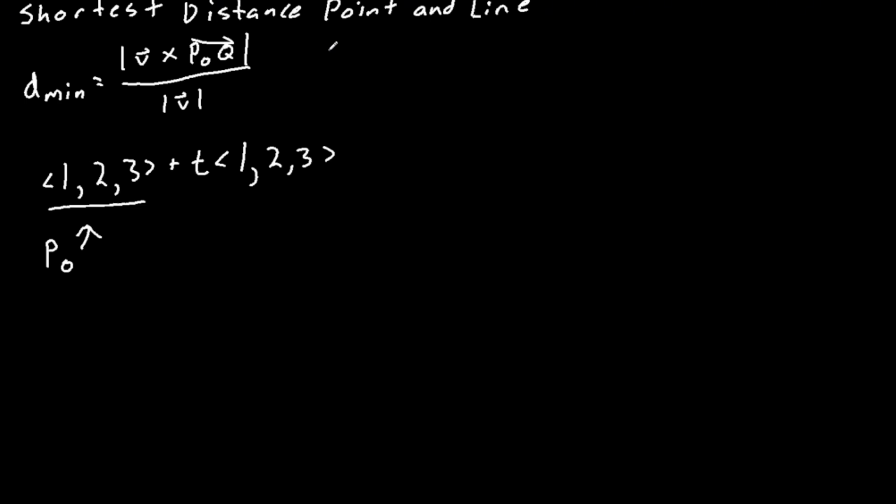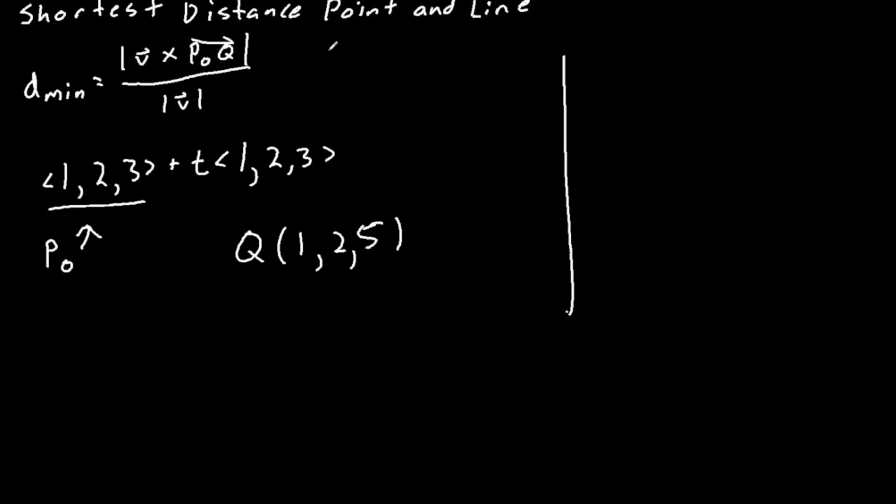So typically in this format for representing a line in 3D, this will be any point on the line that you will use. And Q will be the point that you are trying to find. So Q, let's say it's like (1, 2, 5) or something. This will be the point that you are trying to find the distance of.